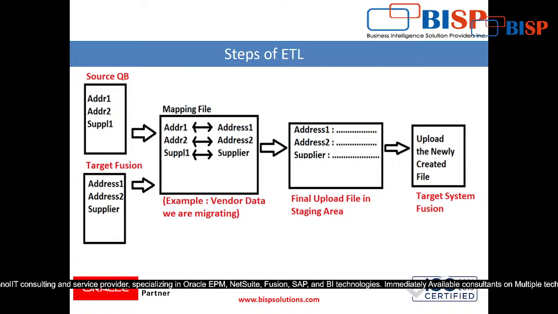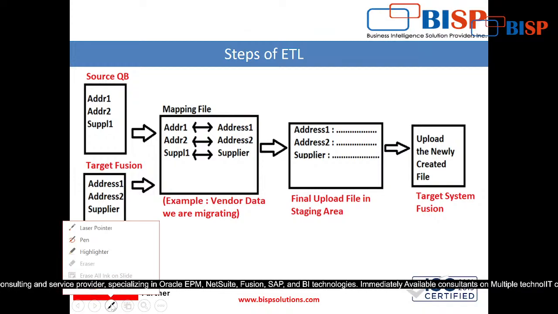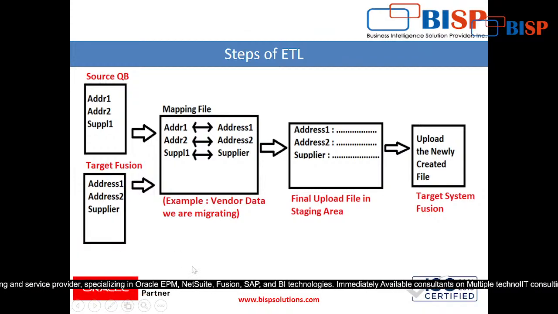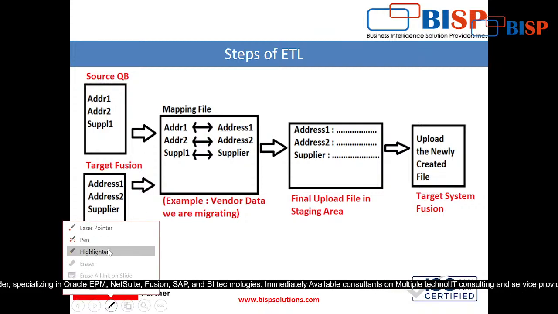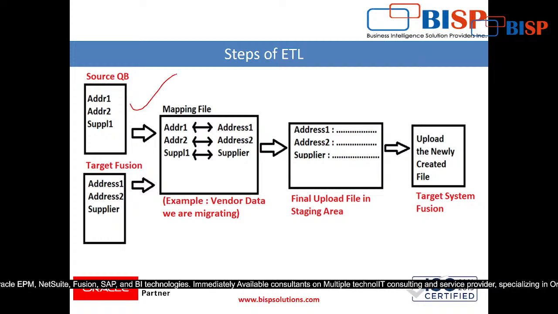Now for this, what we will do here, let me take the pen again. This sheet contains the data also, but wrong headers, and this sheet contains only headers because in Fusion there is no facility of data.